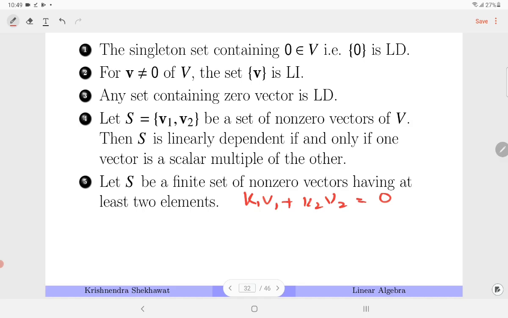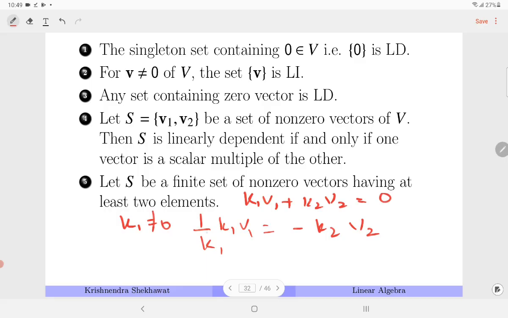Now I already know it is LD. It is LD means one of the scalars is non-zero. Let us assume k1 is non-zero. Then I can multiply the whole equation by 1/k1, and add the additive inverse of k2 v2 on both sides. That gives me minus k2 v2, where minus k2 v2 means the additive inverse of k2 v2.